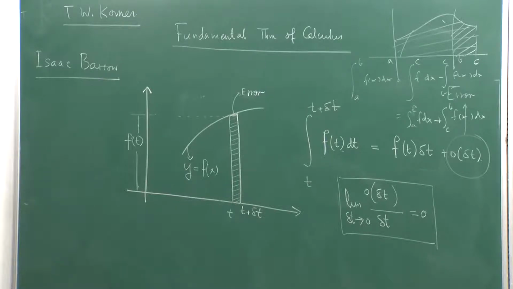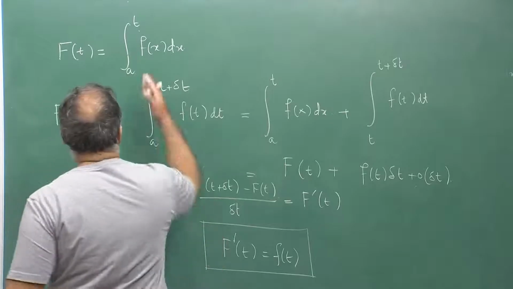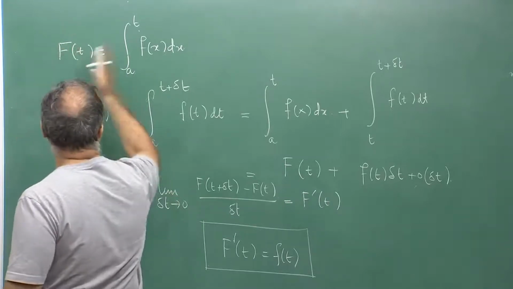There is a tremendous tendency to think like that, that integration is a reverse process of differentiation. That is okay: if I want to integrate this, I have to find a function whose derivative should be f.